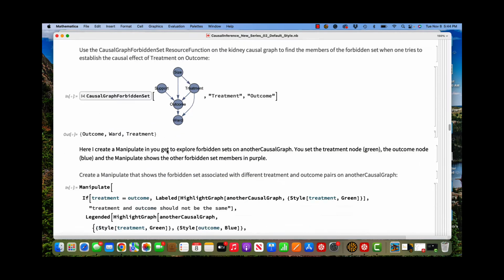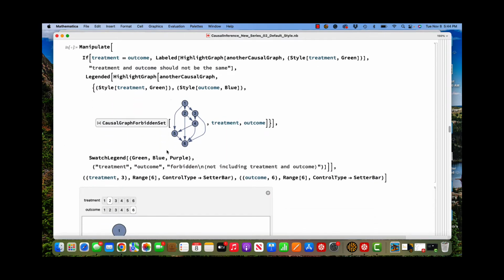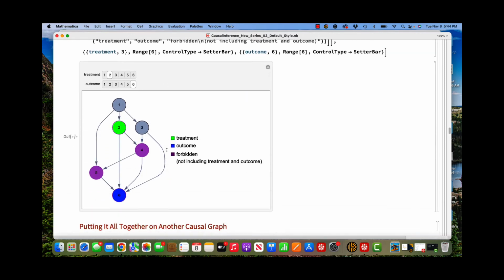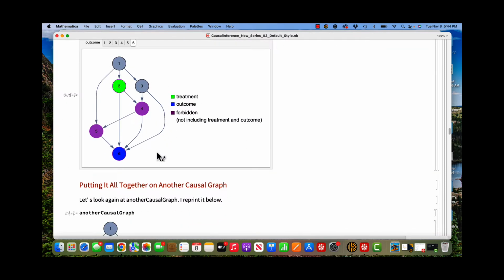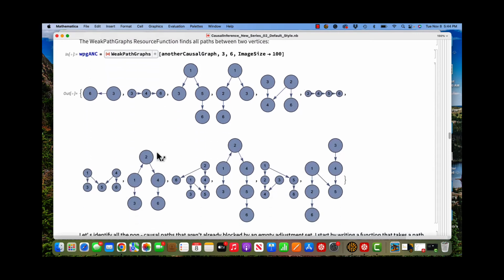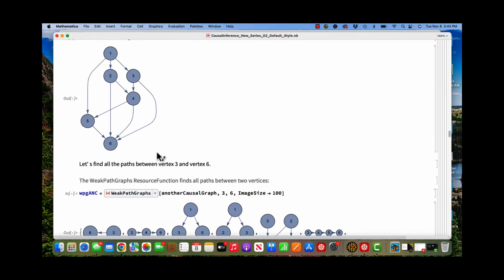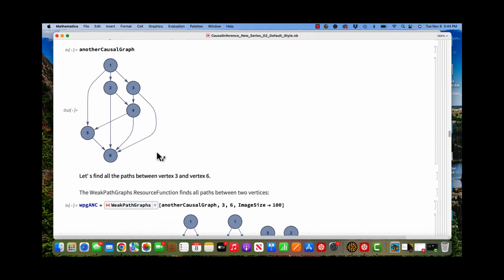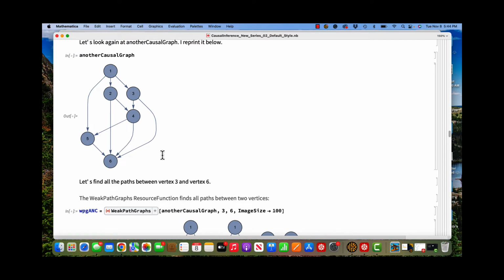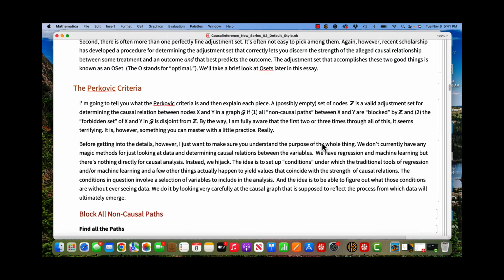Okay, so this is actually a very easy example because the path from treatment to outcome is direct. Let's actually now look at another causal graph and see if we can figure out how to put this all together.